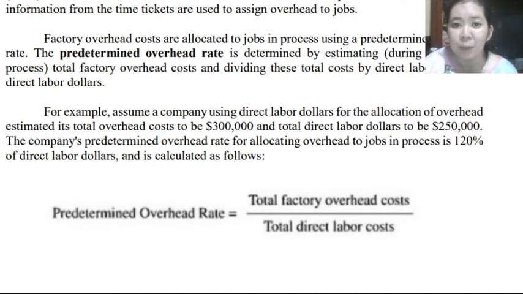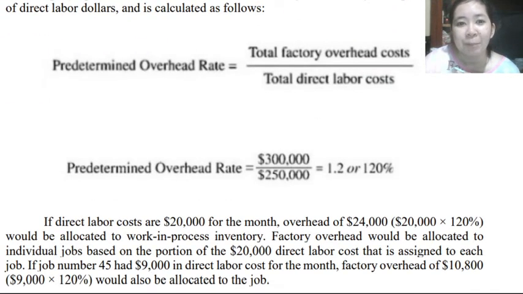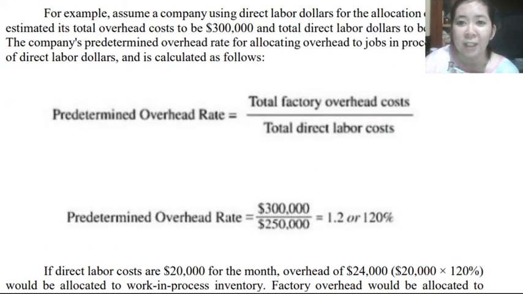So how to compute it? Our formula is total factory overhead cost divided by total direct labor cost, meaning this is getting the percentage of our total factory overhead over our total direct labor cost, which is our basis for determining the overhead rate. Okay, so we just take the data from the illustration and use the formula.